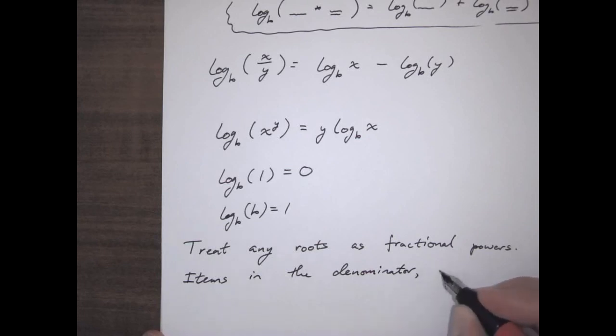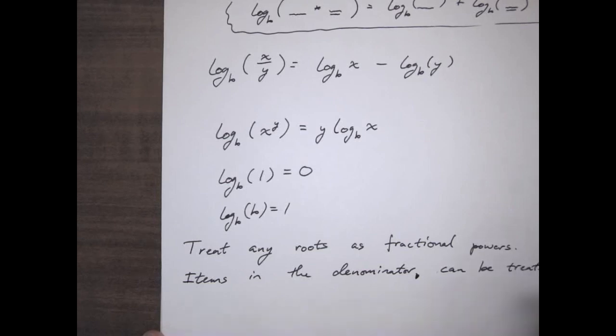Items in the denominator, we treat as negative powers.